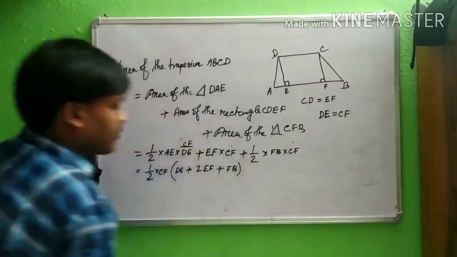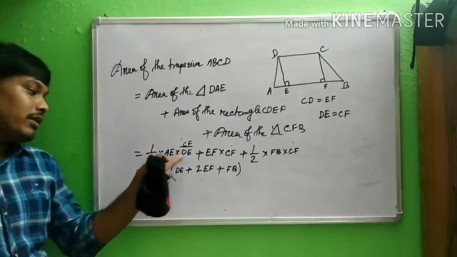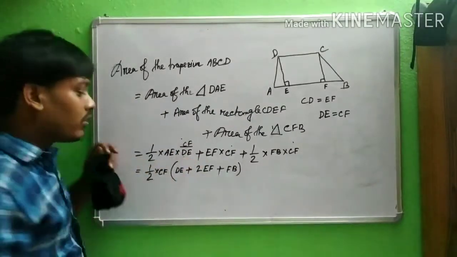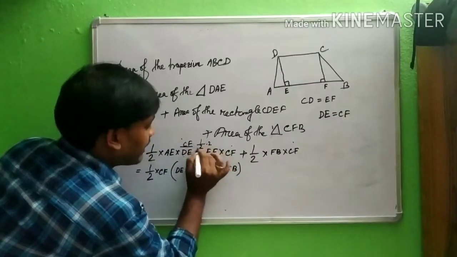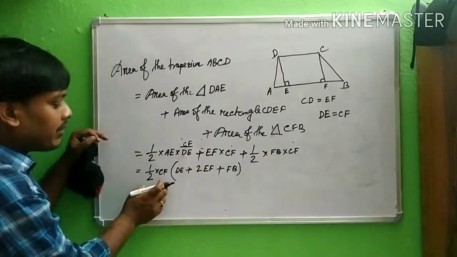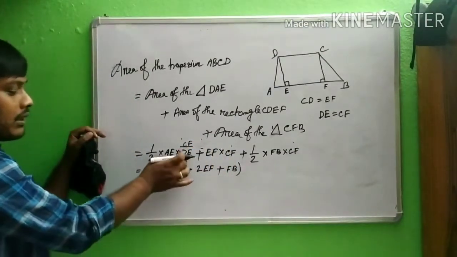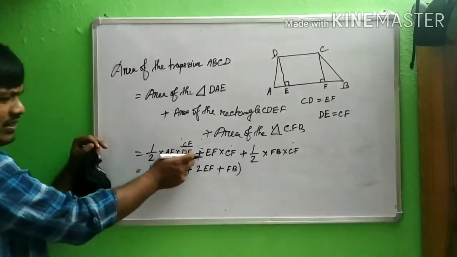Okay, it is the value. We take half CF common since there is no 2, so we can think in this way, half into 2, so we take common half and 2 is there. Or if you multiply it by this value, then the value becomes this line.